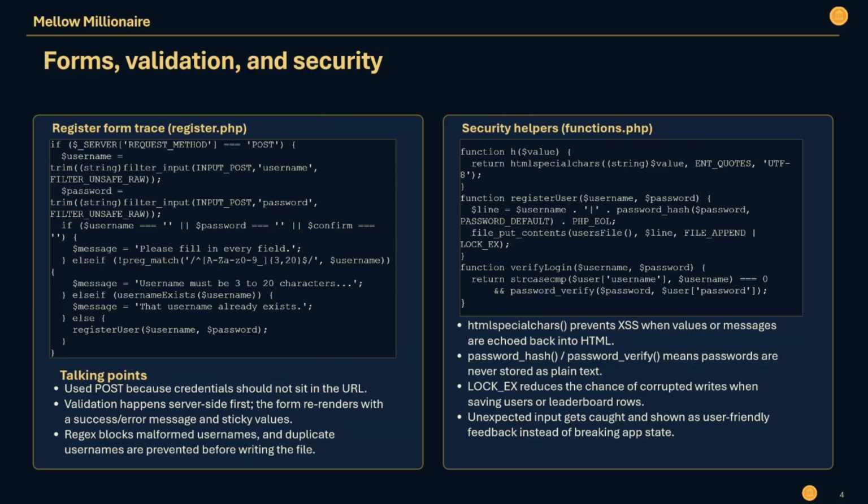That way our leaderboard data stays consistent and two people don't have the same rank. That's how that works. We also have unexpected input getting caught and shown as user-friendly feedback instead of breaking the app state itself. So whenever an error does occur, we want you to know what happens, not just that the entire application folds on itself.